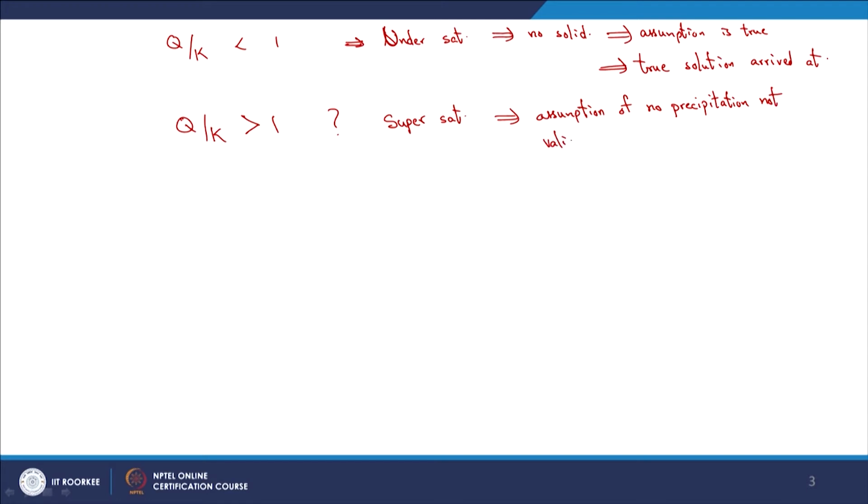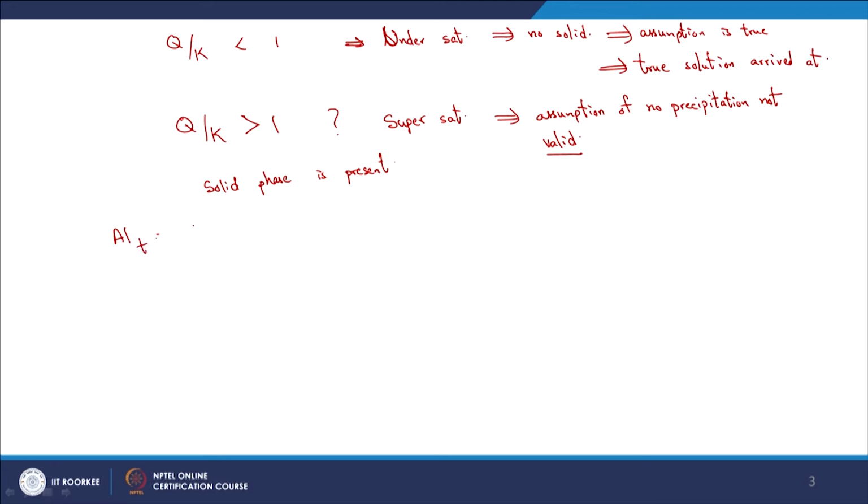So I now have to resolve for it. How am I going to resolve for it? Now I know that a solid phase is present.